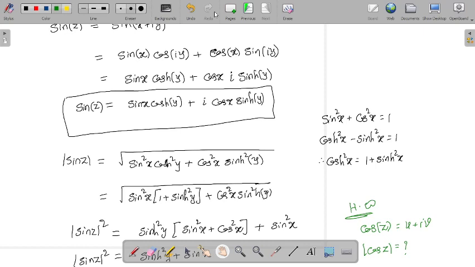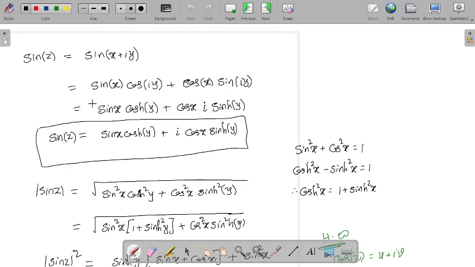And if you ask me whether sin z, cos z are differentiable or not, yes, we can say they are differentiable. You can directly prove from Cauchy-Riemann equations: it satisfies Cauchy-Riemann equations, and the first order partial derivatives of u and v exist, and they are going to be continuous. So using that sufficient condition, you can prove this function is analytic.